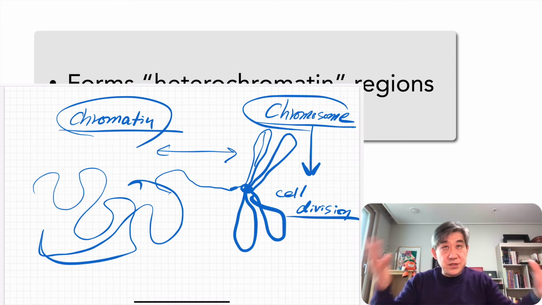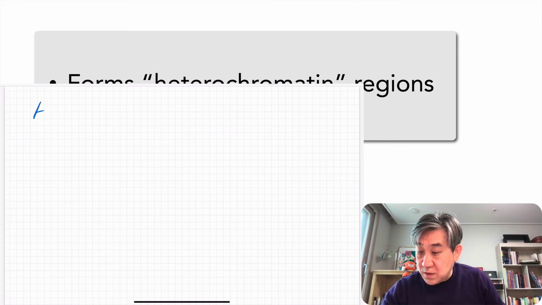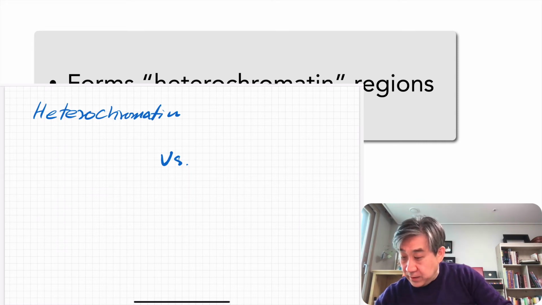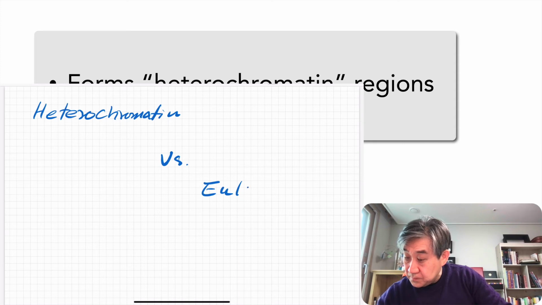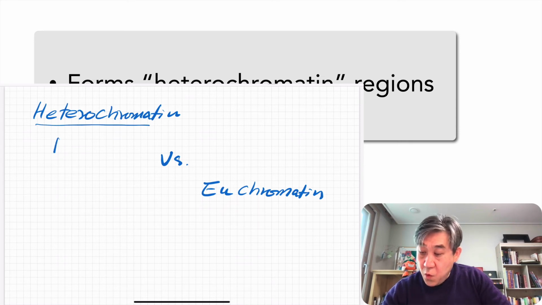So that's the distinction. However, now the new term, heterochromatin. What is this? There must be some kind of counterpart. Yes, the counterpart term is euchromatin. Heterochromatin is more condensed.